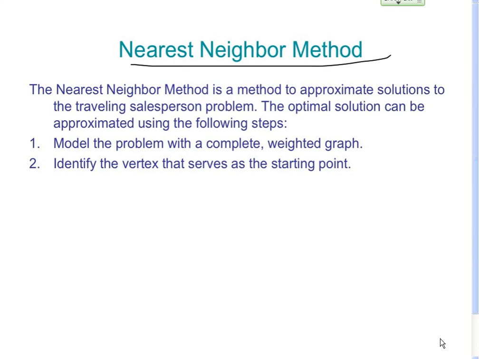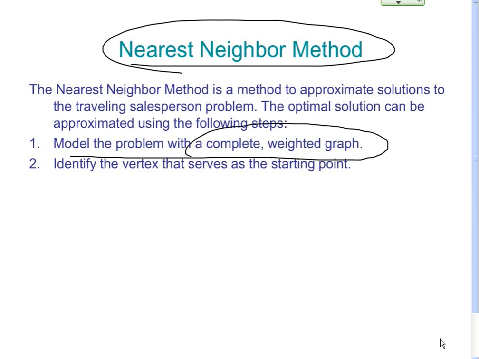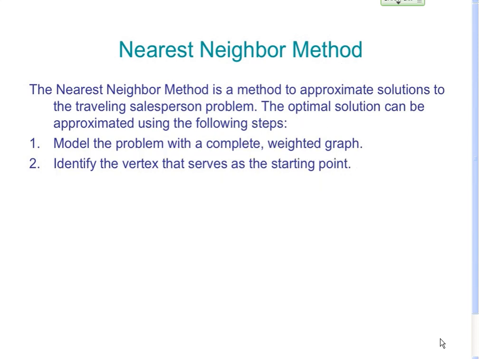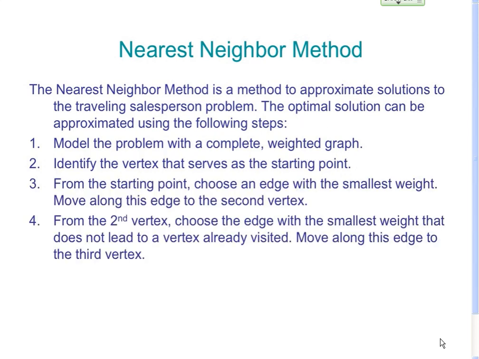Another method for finding the optimal solution is called the nearest neighbor method. First thing you want to do is draw a complete weighted graph and figure out the starting point. From the starting point, choose an edge with the smallest weight until you get to the second vertex.